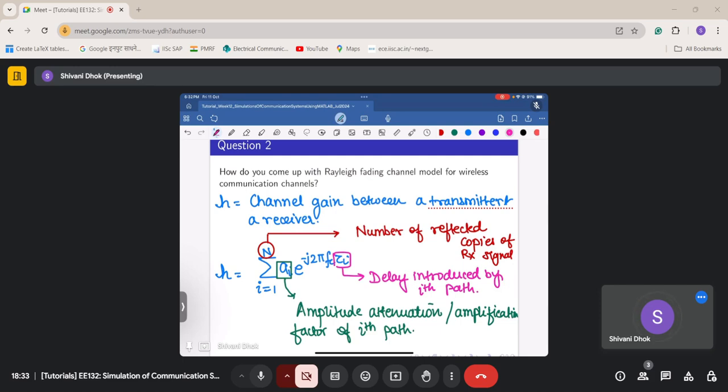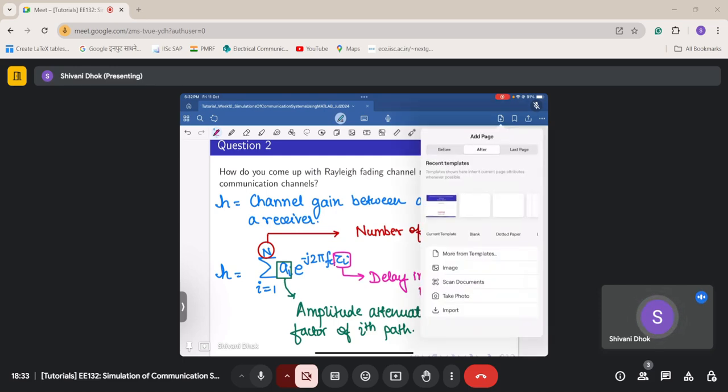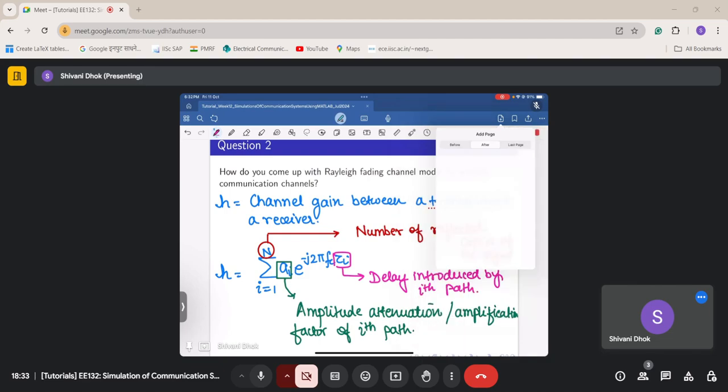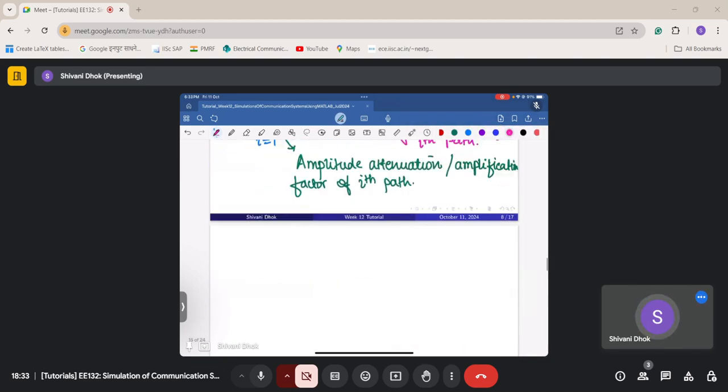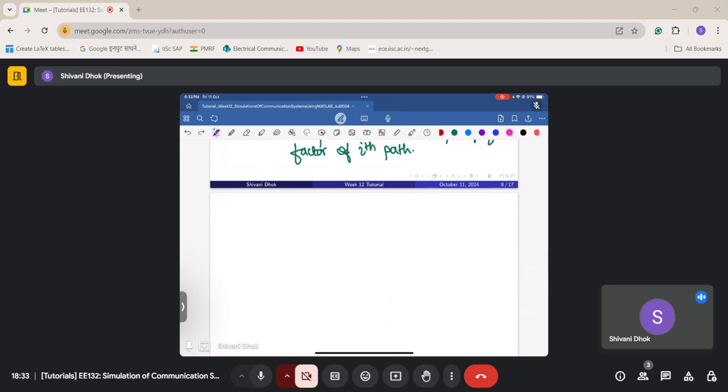Okay, so therefore we have this h as summation i equal to 1 to n of a_i e power minus j 2 pi fc tau_i, where fc is the carrier frequency.